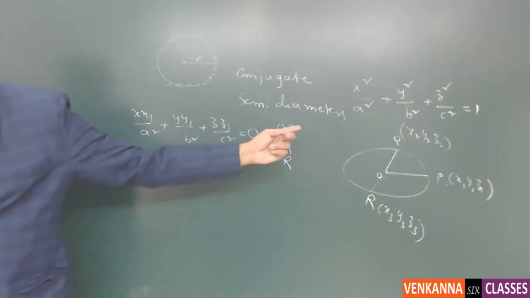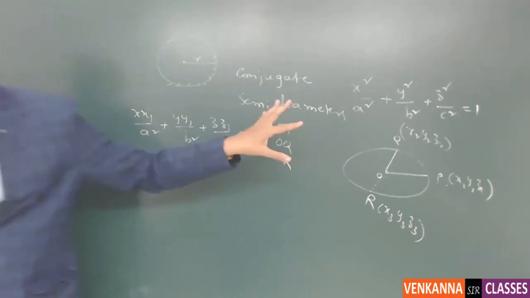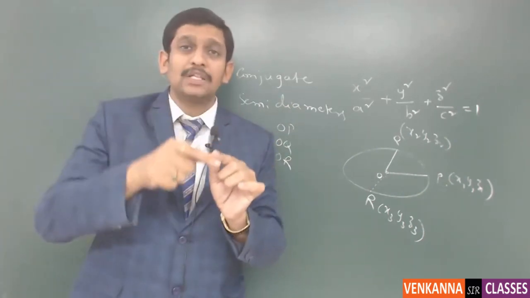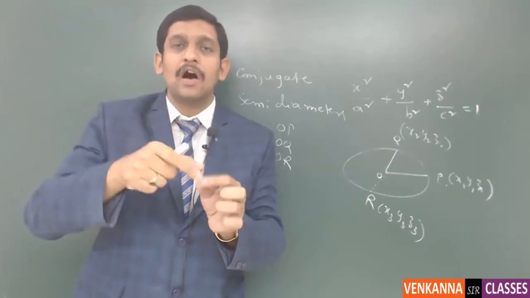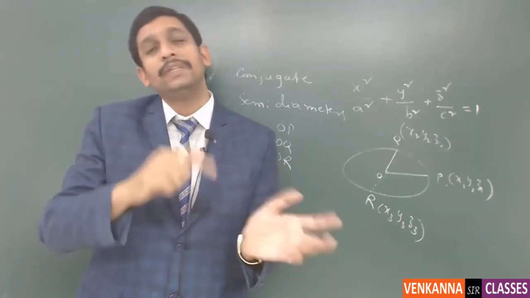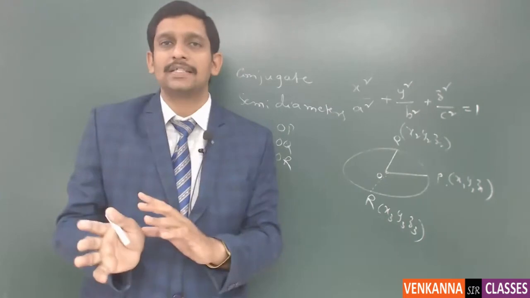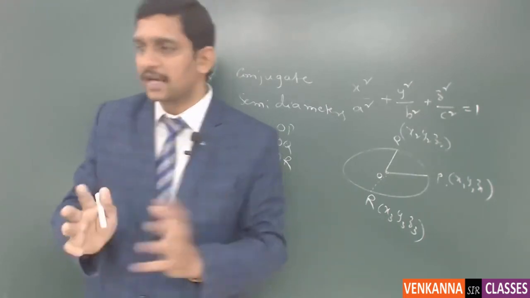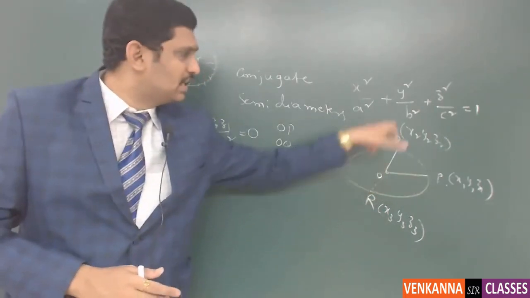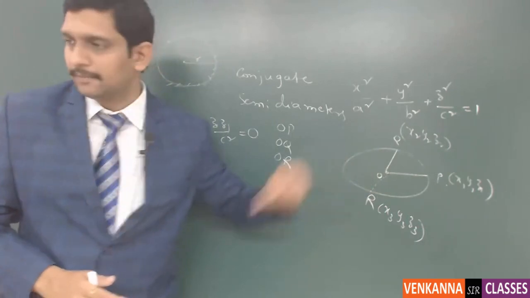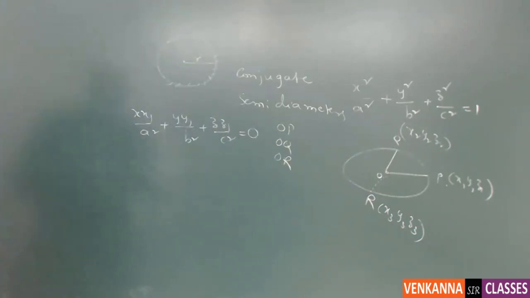That's why the semi-diameter concept is different. We can treat it as radius if the semi-diameters what you have taken horizontally, vertically, and diagonally are of equal distance. In that sense, we treat them as radius, but otherwise they are always different in general. Right. I think you get the concept. This is taken as horizontally and this is vertically, this is diagonally. Inside the part of a ball, you can imagine.